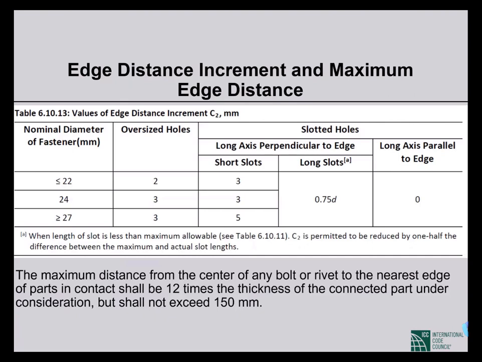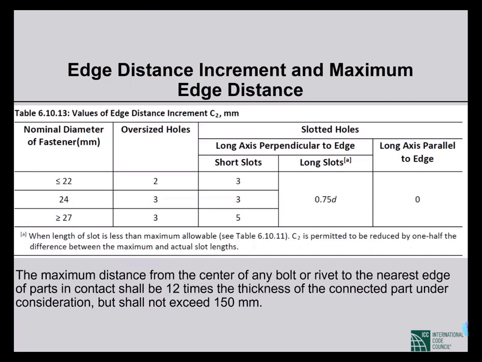The maximum distance from the center of any bolt or rivet to the nearest edge of parts in contact shall be 12 times the thickness of the connected part under consideration, but shall not exceed 150 millimeters.